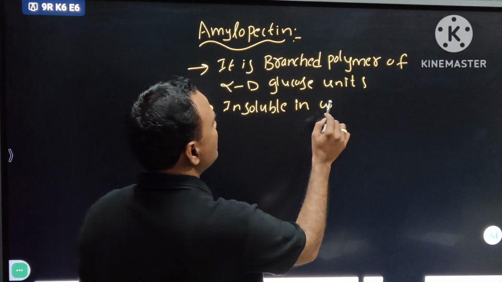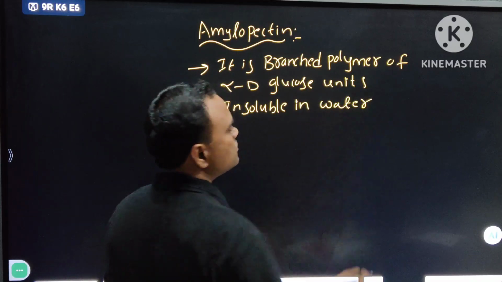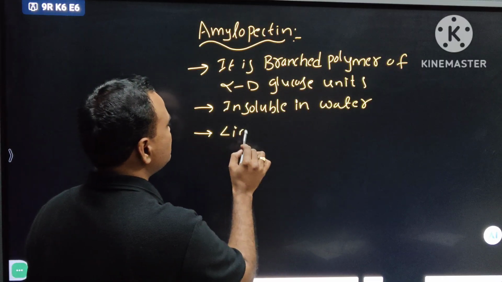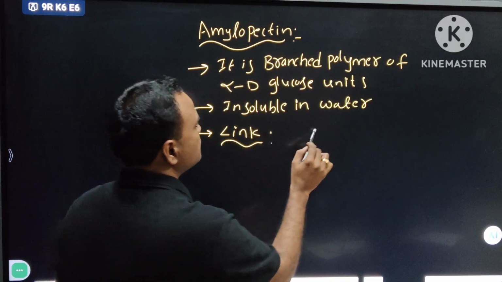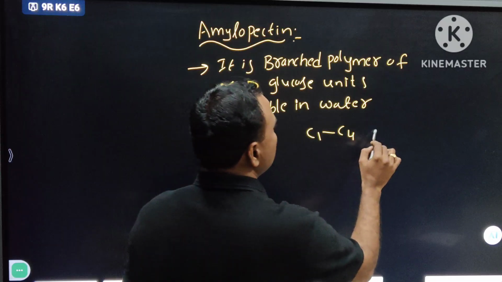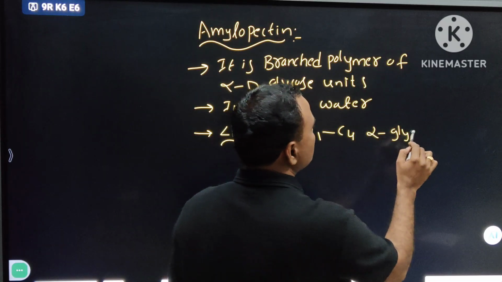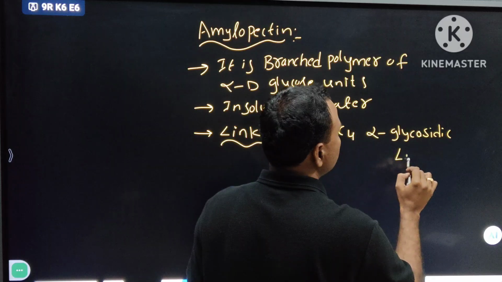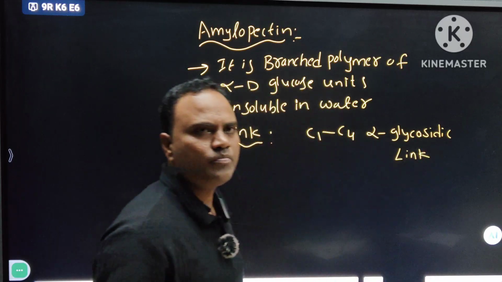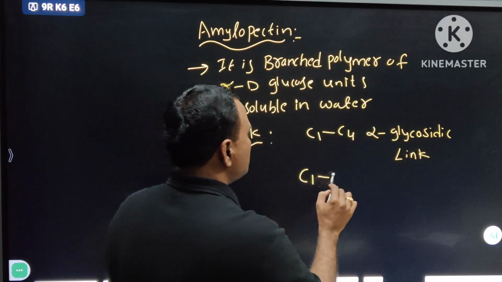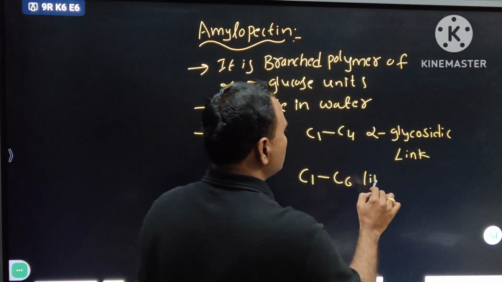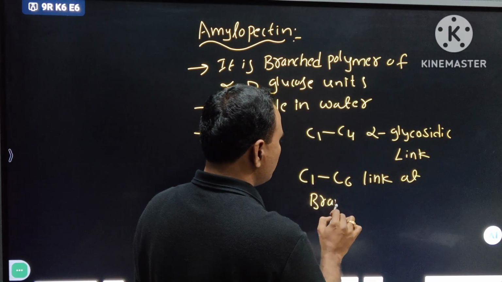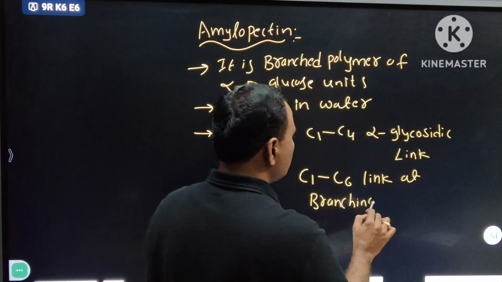It is insoluble in water. And links: C1-C4 alpha glycosidic link, okay, and C1-C6 link at branching can be observed. Two types of links.